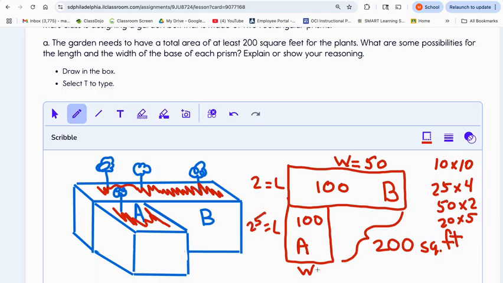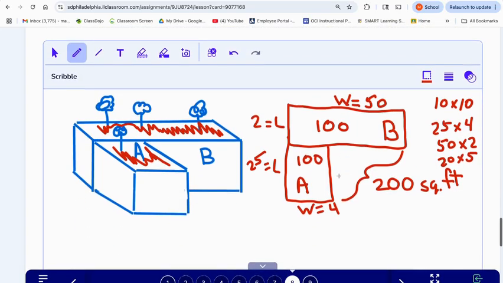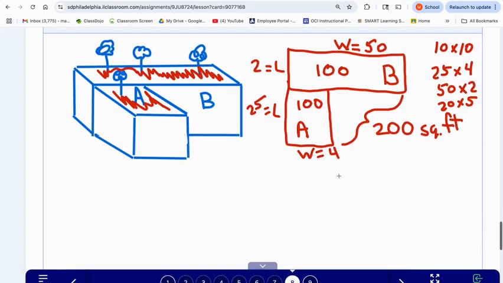I could do 50 and 2 again, but instead choose to use 25 as the length and 4 as the width. I now want to make it clear that I've completed the task the problem directed me to solve. I will write out the length and width for each rectangle that makes up the base area of 200 square feet.